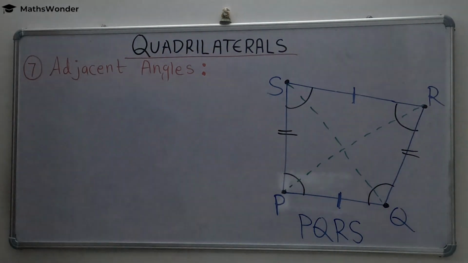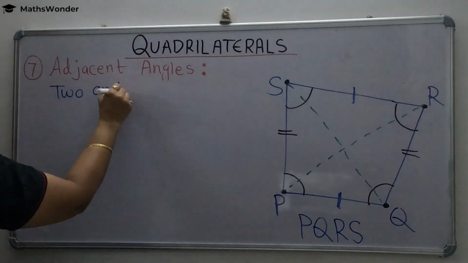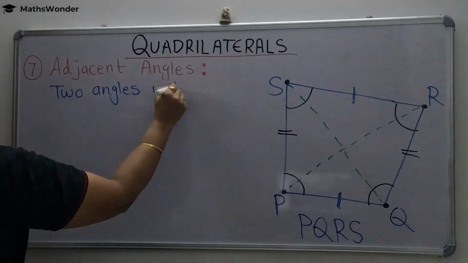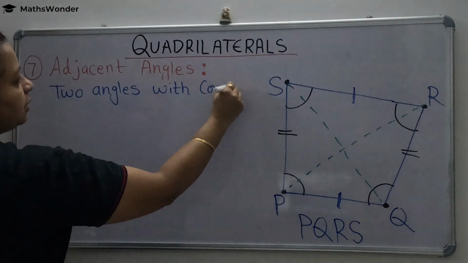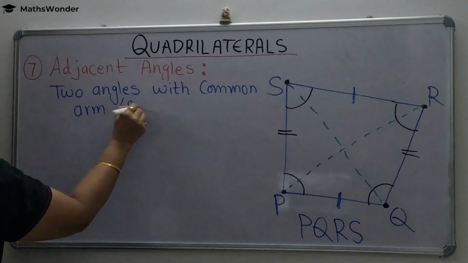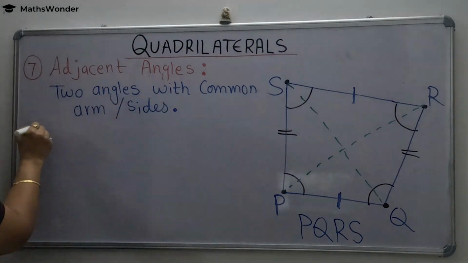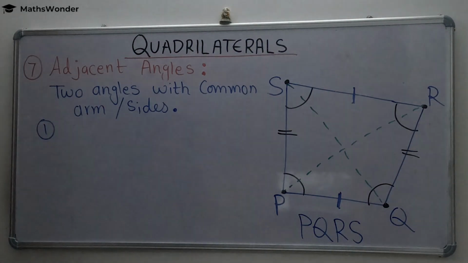Now the next is adjacent angle. What is adjacent angle? Adjacent angle is adjacent or consecutive. You can say it consecutive. Two angles with common arm or side. So how many pairs can we make?